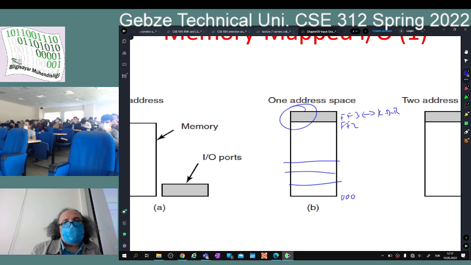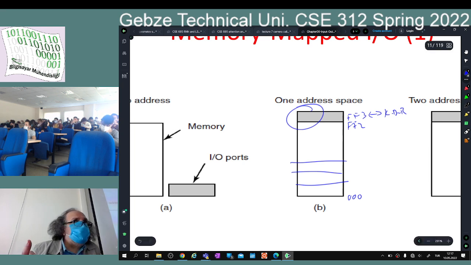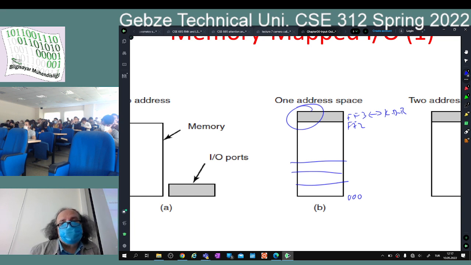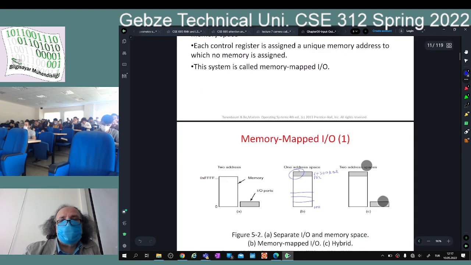That's not a good thing. So this part should not be cacheable. It makes it more complicated to manage the cache operations. That's one thing. The other thing is this.